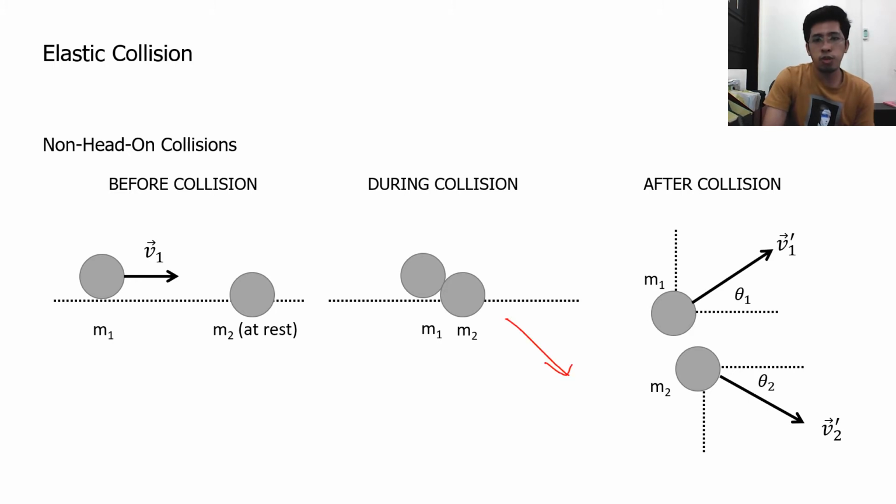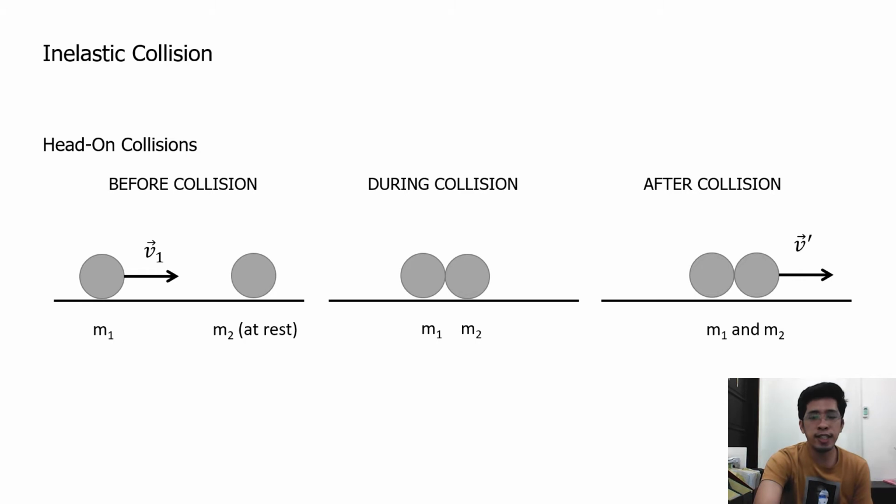It will move downward with some theta 2. So they will separate, and they will move at some angles with respect to the horizontal. So this is for non-head-on collisions. This is the technique you use when you play billiards, and billiard players know this very well.